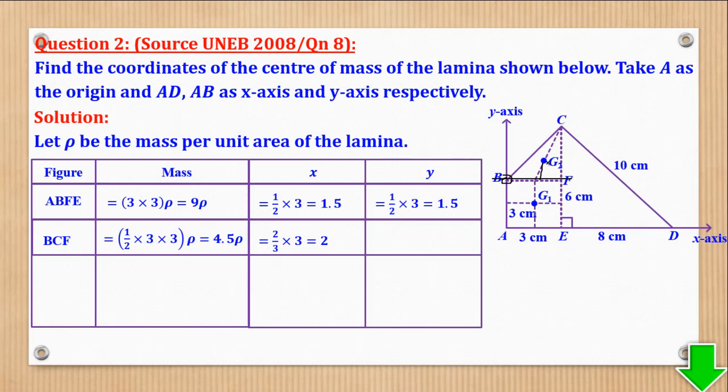So it is 1/3 of the whole of this height. But remember, we have to start from this axis. So there is already a 3. Therefore, we're going to first say 3 plus a third of CF, which is 3. How do you know that CF is 3? It is because from here to here it is 3 and from here to here is 6, meaning the balance must be 6 minus 3.